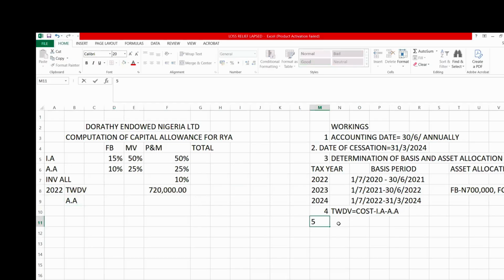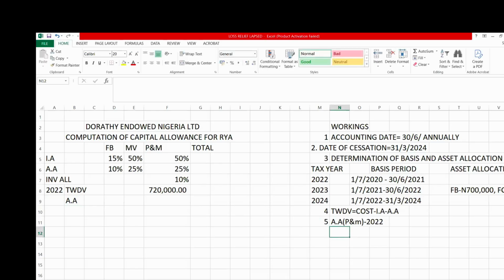We now need to know how much annual allowance we are going to claim. So we have annual allowance for plant and machinery for 2022.